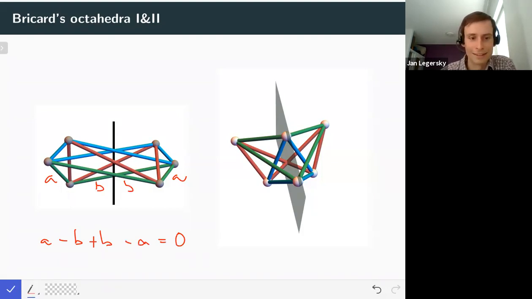So this is somehow a trivial zero-sum cycle, where I'm heading toward more general situations for general polyhedra. And of course, because of the symmetry, we can do the same also for type 2. Here we can take the edge lengths and assign them signs in a way that they sum up to 0, but it's trivial because of the symmetry. We have 2 edge lengths that are the same.